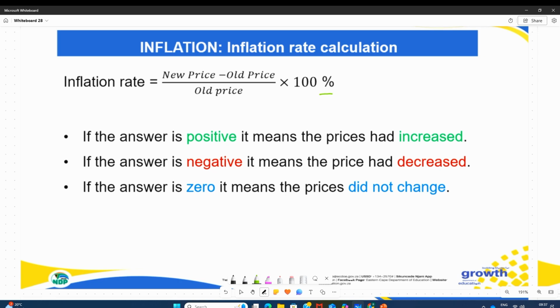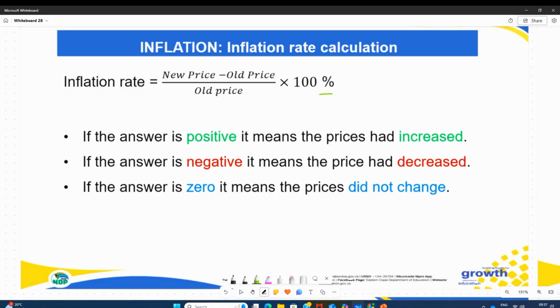So now when you do the calculation, you can get either a positive answer, a negative answer, or a zero. When will you get a positive answer? You will get a positive answer when there was an increase in the prices, meaning the new price is higher.